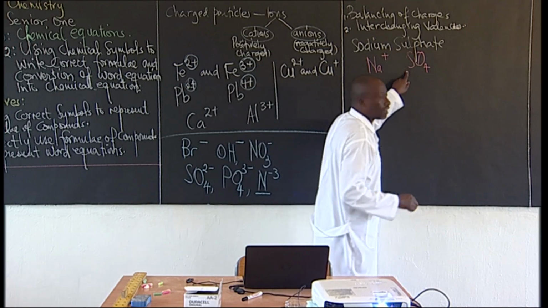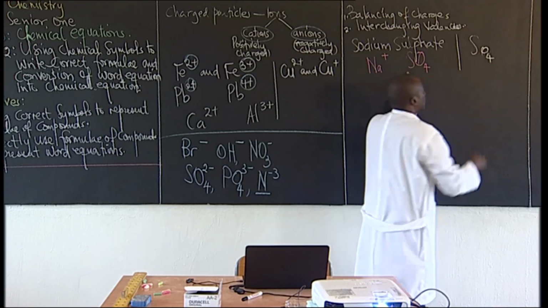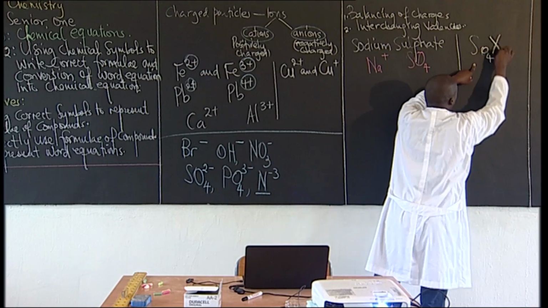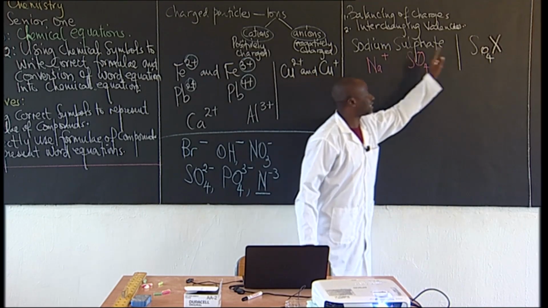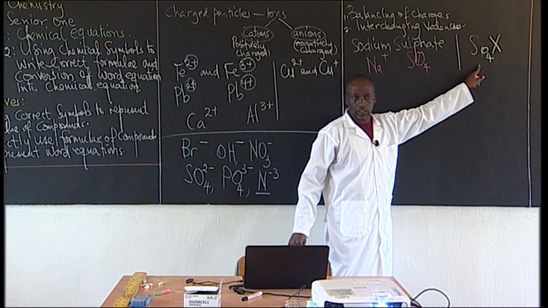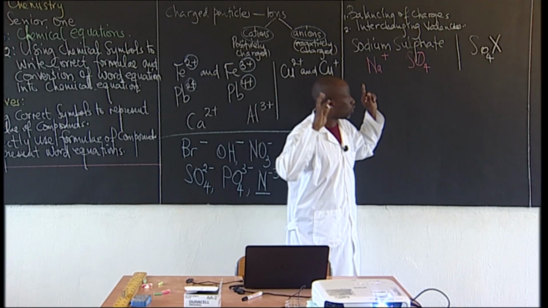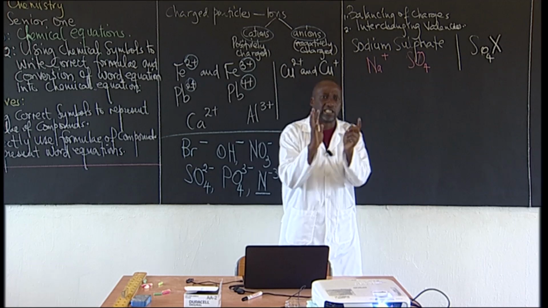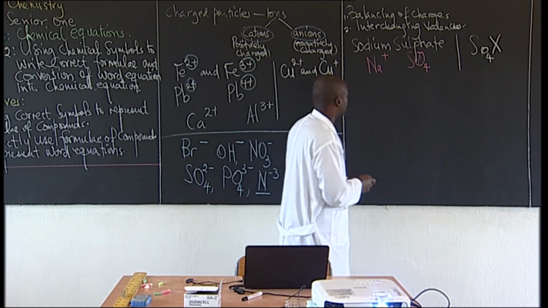Don't write the sulfate in this form. Some of you write it like this. When you write it like this, please, this one is not accepted at all. Don't do this when you are representing, because we said correct formula. The correct formula must have the sulfur and oxygen, at least by approximation, of equal size.